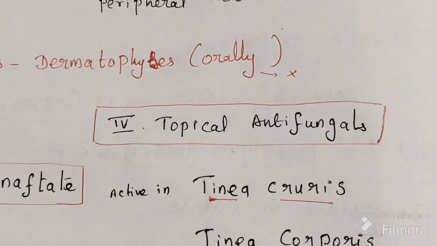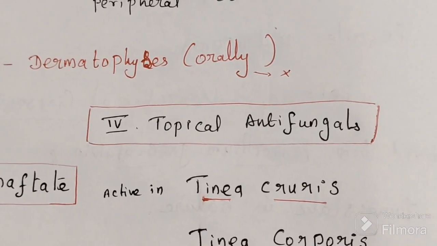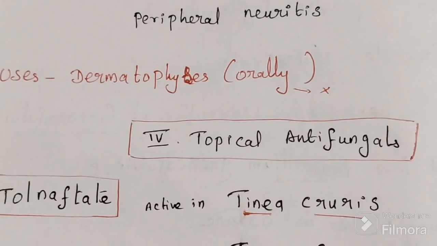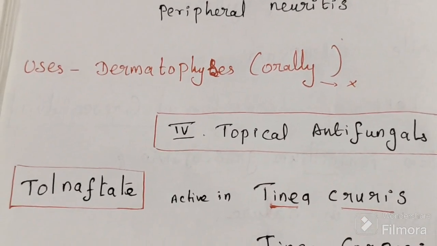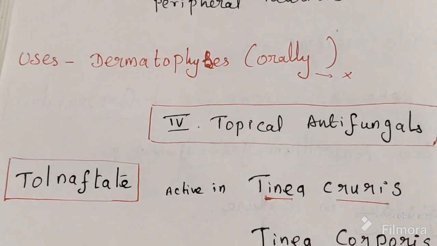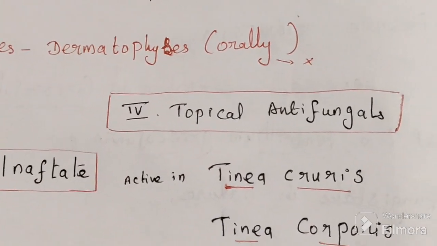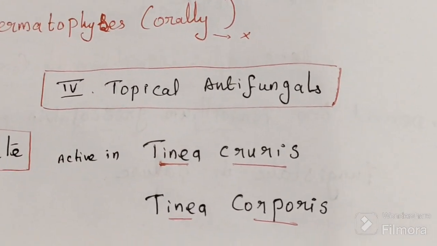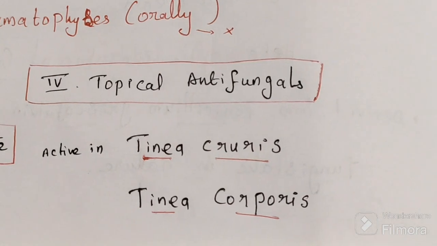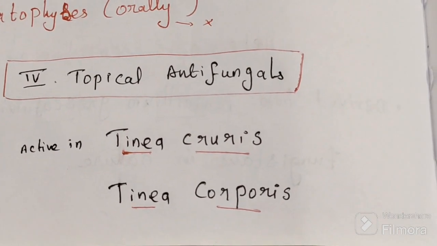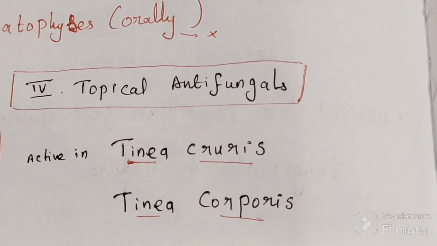Fourth group of antifungal drugs, topical. First one we want to discuss is tolnaftate. It is active in tinea cruris and tinea corporis.